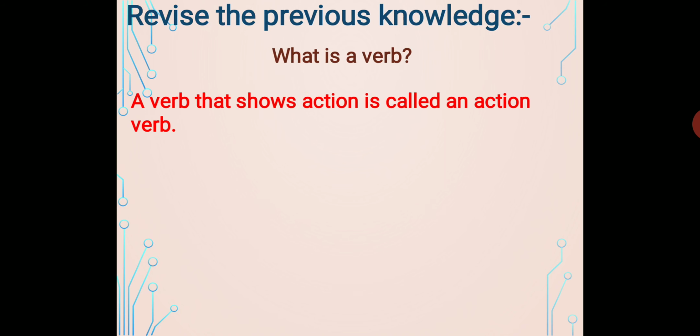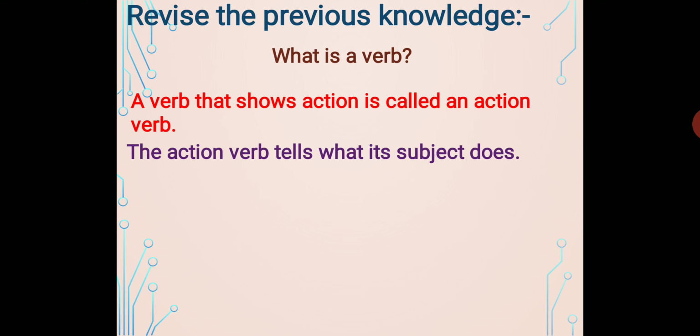Revise the previous knowledge. Do you remember what we had learnt in our previous lecture? First of all, what is a verb? Let's see and revise it. A verb that shows action is called an action verb. The action verb tells what the subject does.